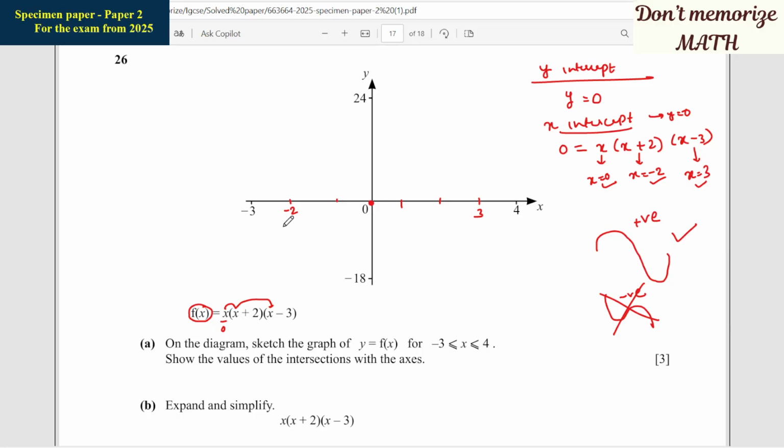So let's just draw like this. This will be our graph. This is enough. Sketching means rough drawing. So just draw like this, but only with pencil. Make sure that whatever graph you are drawing must be only with pencil.